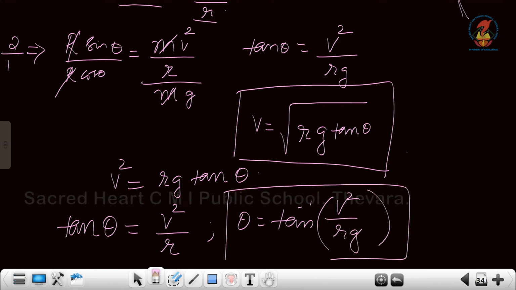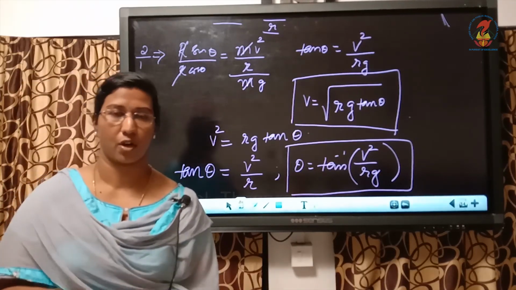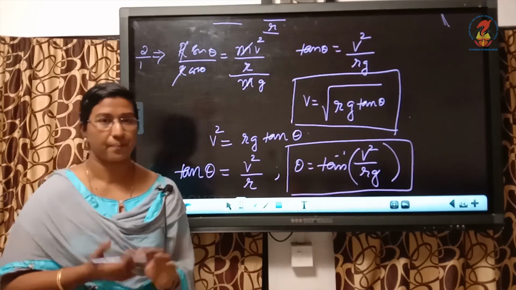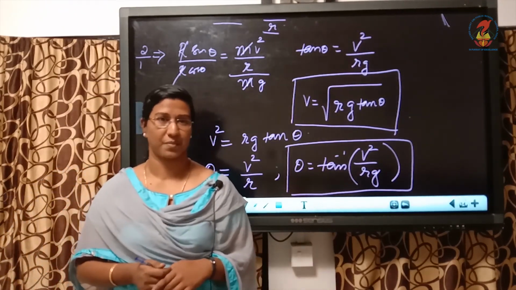This is the angle with respect to the vertical the cyclist has to bend in order to provide the necessary centripetal force. By this we come to the end of this chapter. Thank you.